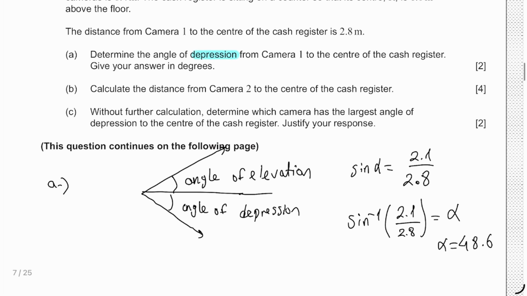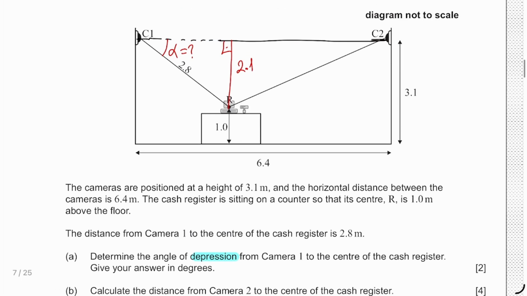Calculate the distance from camera 2 to the center of the cash register. So the distance from camera 2, which is C2, to here, the direct distance, right? How can I find this, guys? Okay, let's say this is X. Let me show it with blue, a different color.